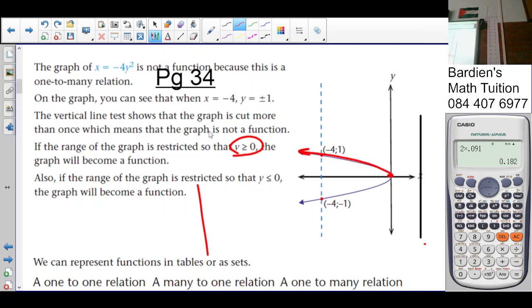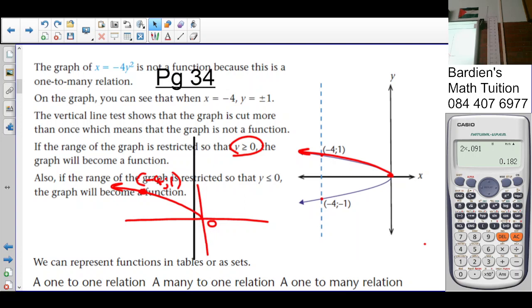That is what the graph can look like. The one point there is -4 and 1, and that must be 0. So now take that vertical line. Would it cut this graph at one point only? Yes.